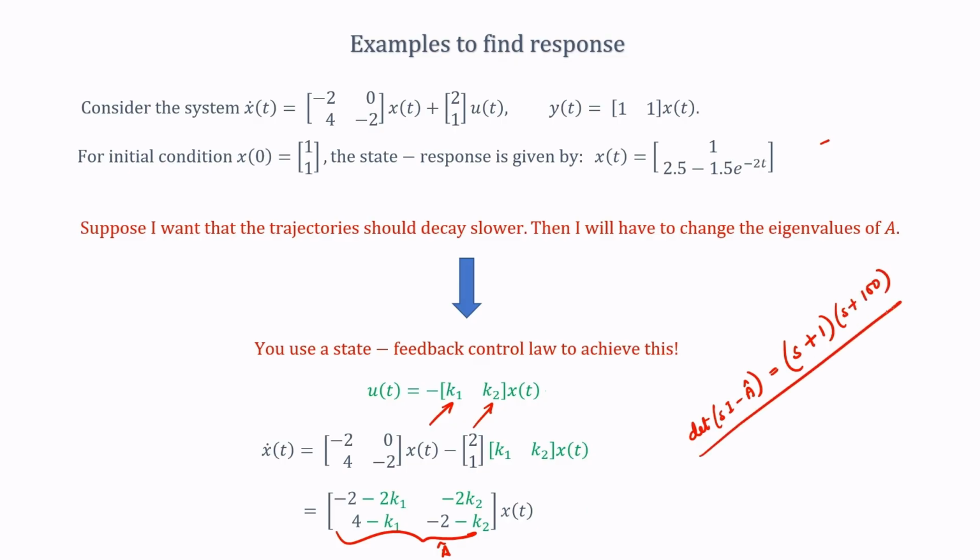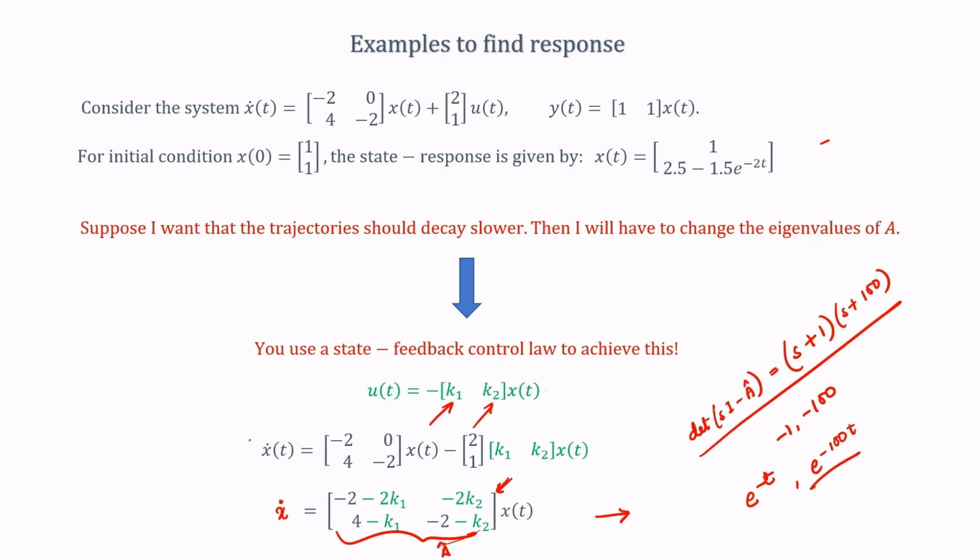Then I know that the eigenvalues of this matrix will be minus 1 and minus 100, and in that case, when I solve this differential equation x dot equal to this matrix times x plus r, I will get solutions which will have the terms e to the power of minus t and e to the power of minus 100 t.